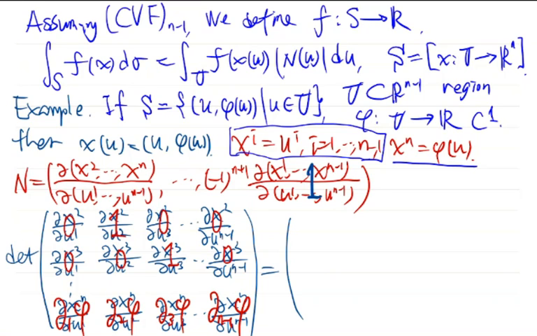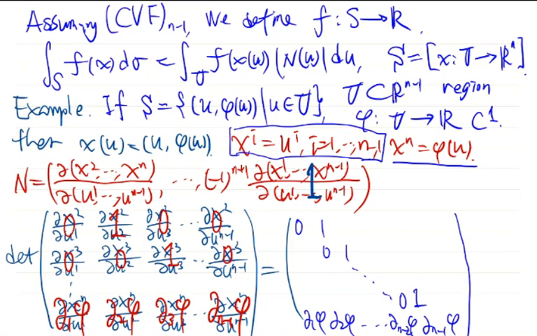Finally we obtained this result. This is a matrix of this form: 0, 0, 1, 0, 1, 0, 1. The last row is D1 phi, D2 phi, up to Dn minus 2 phi, Dn minus 1 phi.